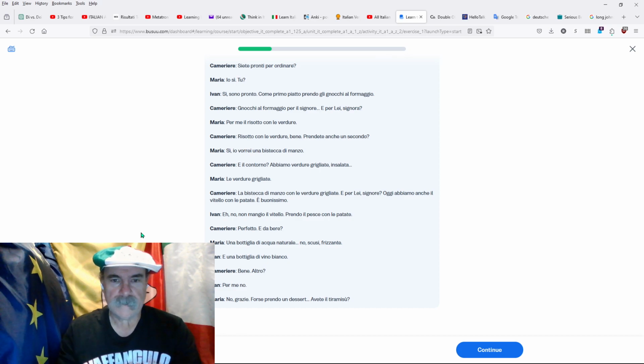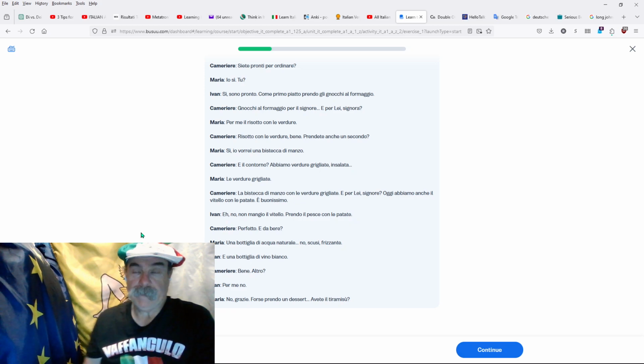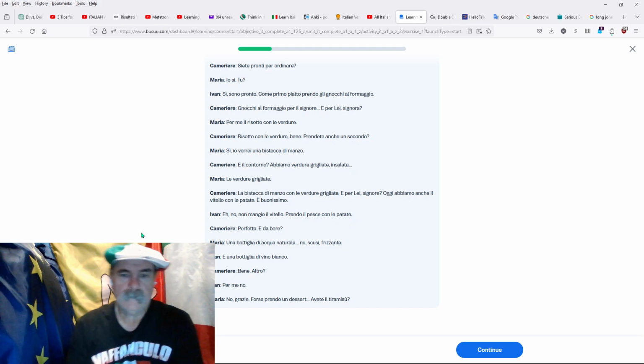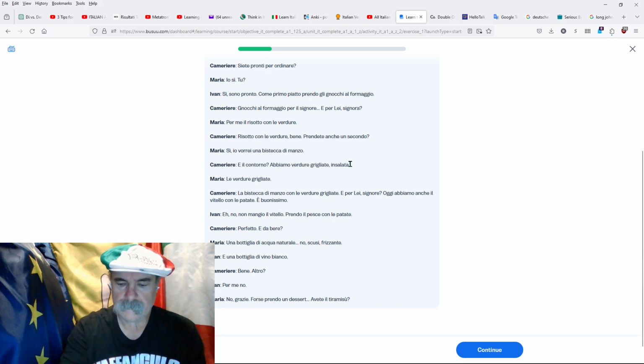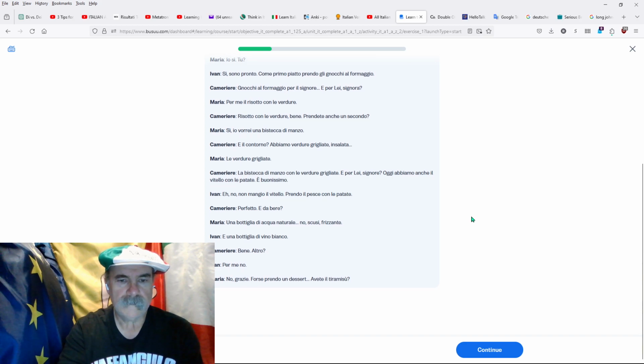Io faccio zuppa di verdura e metto gnocchi in it. I don't know if "in it" is implied in that or not. And it's very tasty. Love gnocchi.